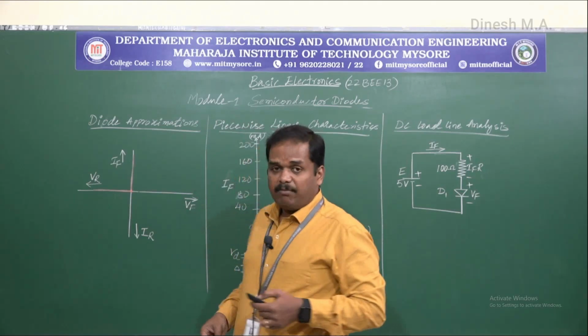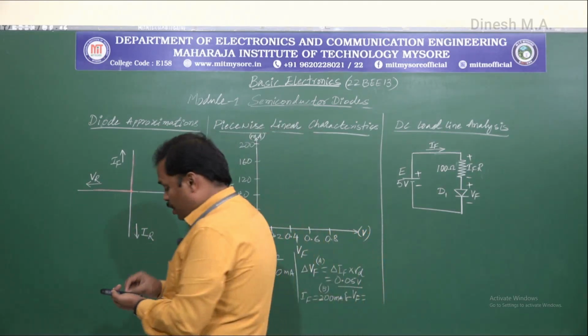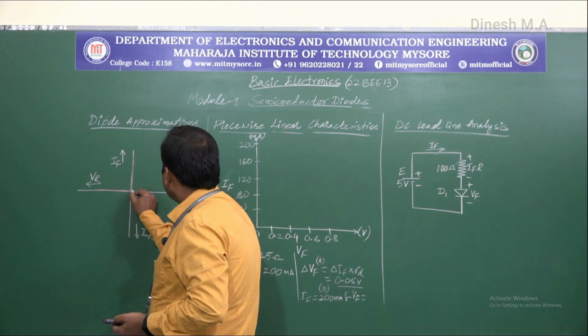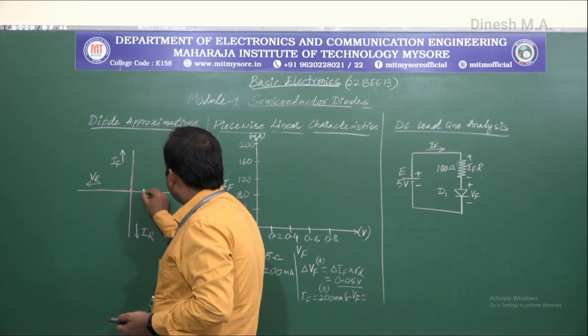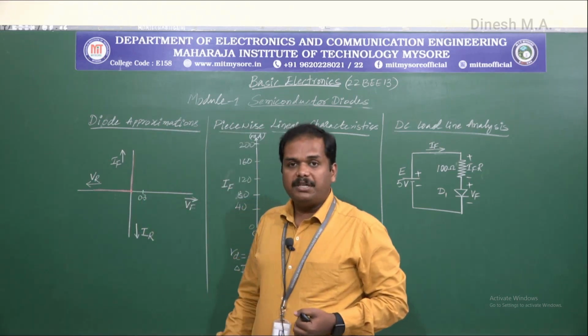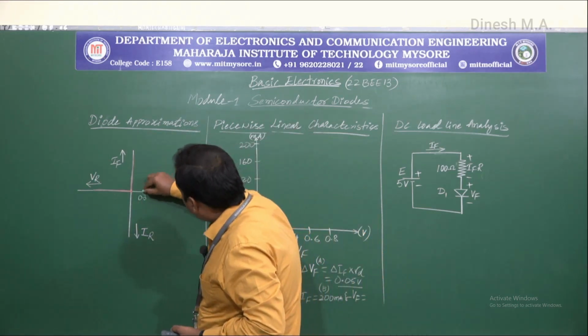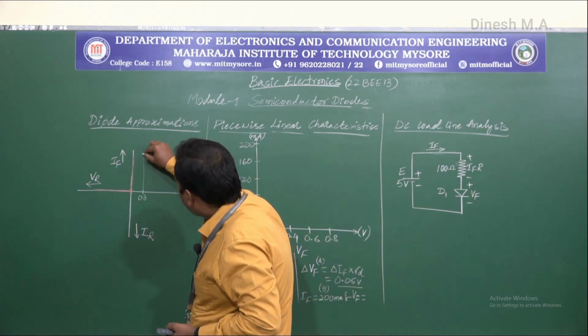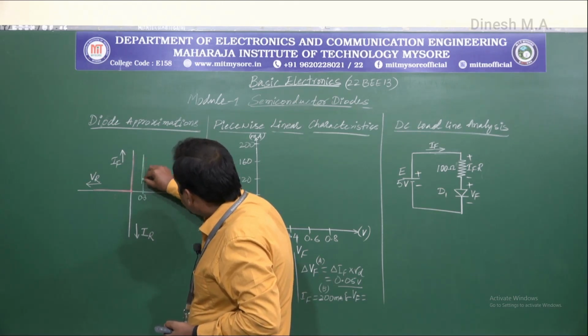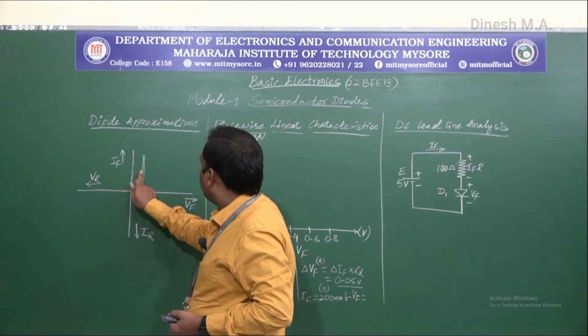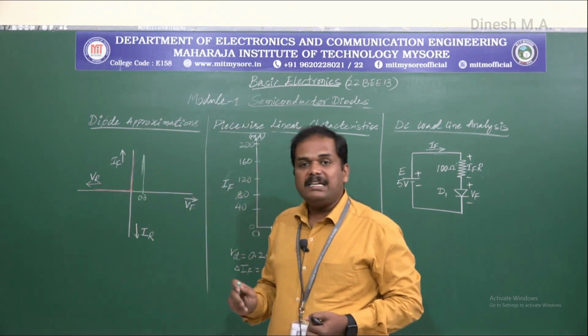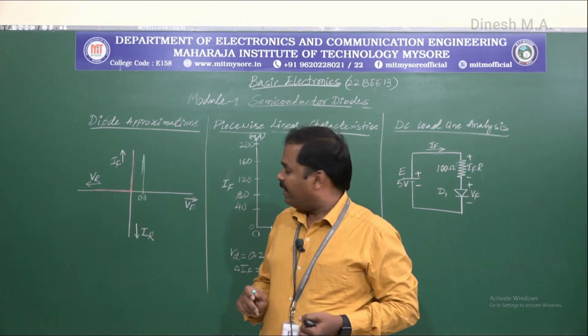So for a germanium diode, a forward voltage drop of 0.3 would be considered, and a straight line would be drawn to indicate the increase in the forward current.